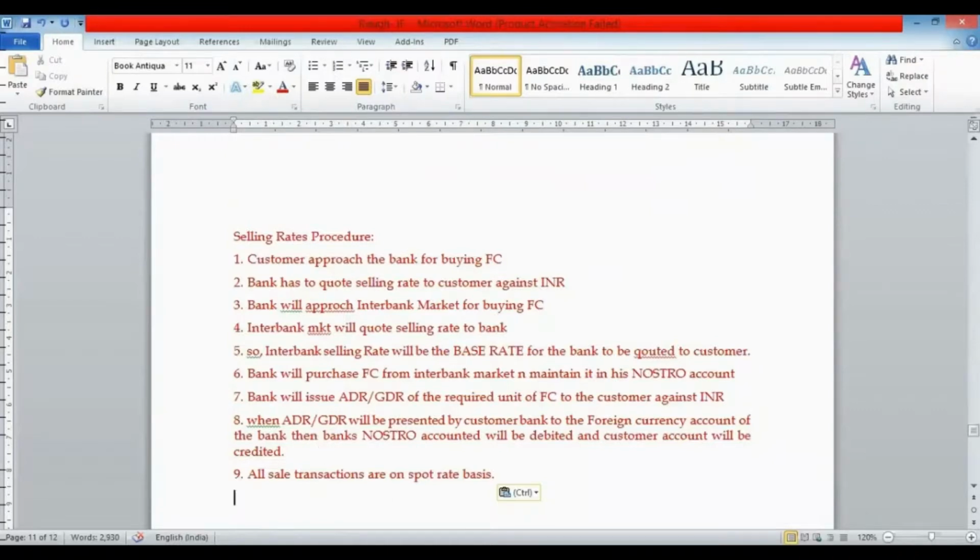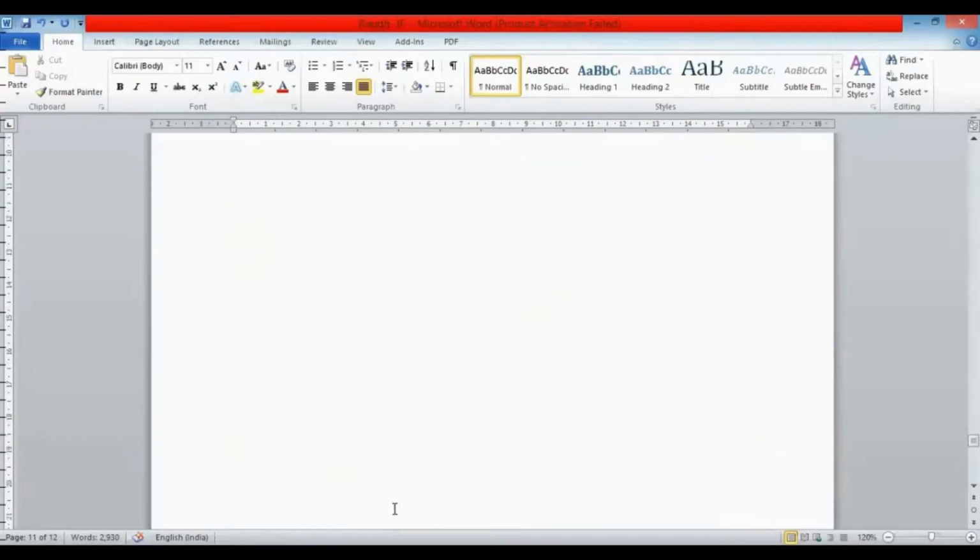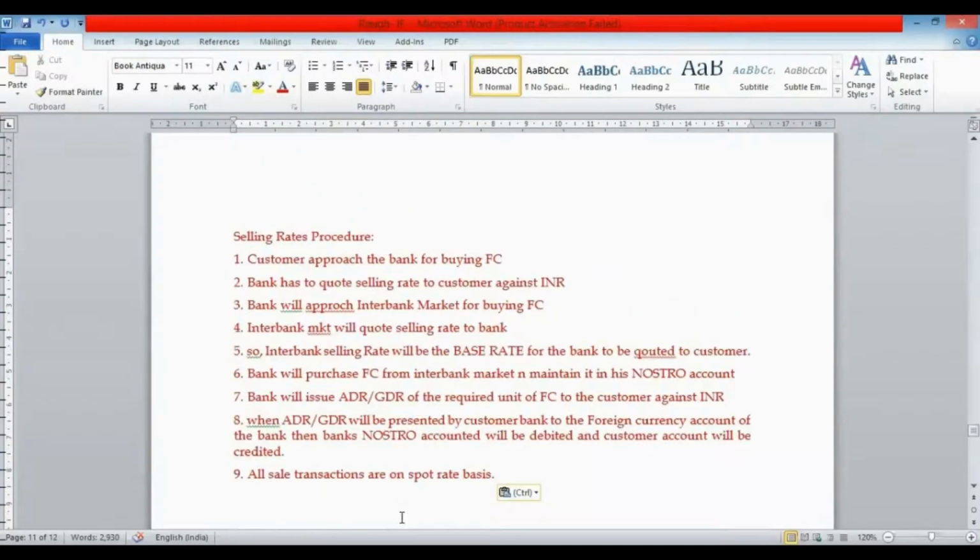And as I said yesterday, we will be taking up the numerical aspect. The concept I have already given, and you are aware of the tabulation chart also. So at the end, I suppose you are aware of the concept of TT buying and bill buying.